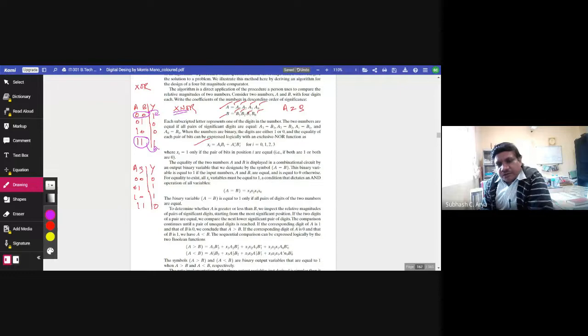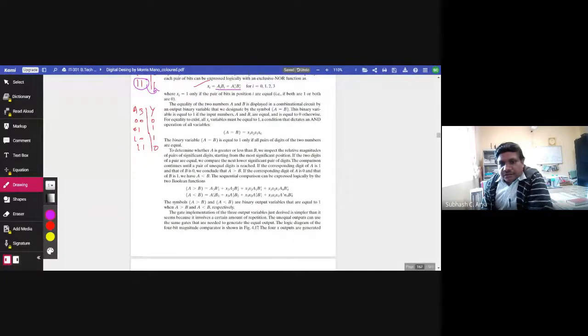So with the help of the exclusive NOR gate, we can implement this logic, A is equal to B. If the output of the exclusive NOR gate is equal to 1, it means both numbers, A and B, are equal. So this is what is written here. And we know the Boolean expression of exclusive NOR: Xi, where i is equal to 0, 1, 2, 3, is Ai Bi plus Ai complement Bi complement. Sounds sensible.